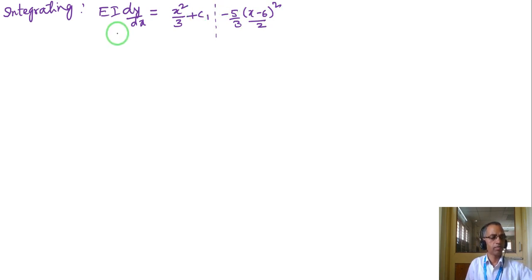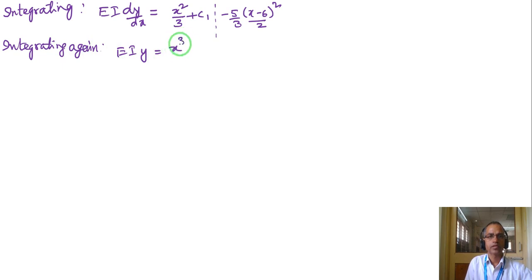Then one more time integrating, again it gives me EIy is equal to x cube by 9 plus c1x plus c2, then minus 5 by 6 times (x minus 6) whole cube by 3.